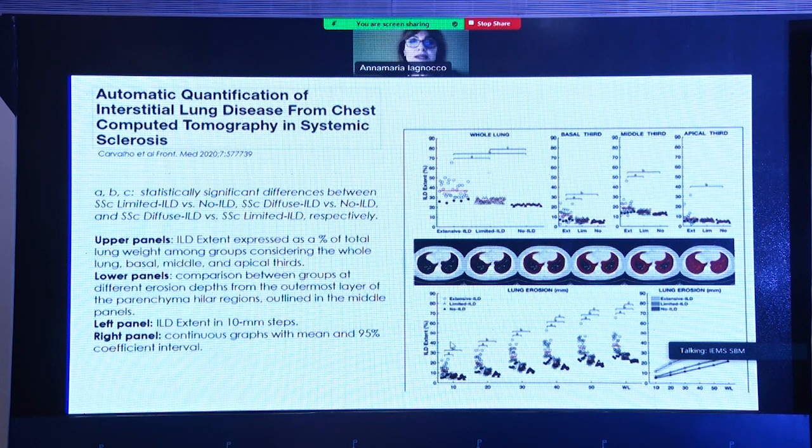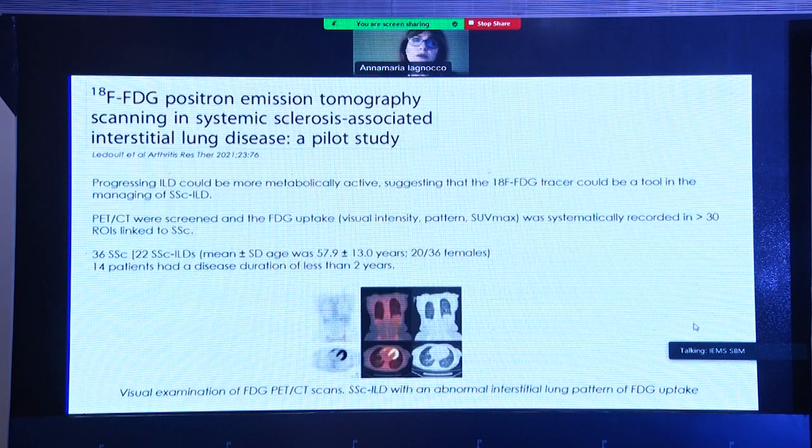And the analysis of the involvement at different erosion depths showed again that the extensive interstitial lung disease was clearly having abnormalities that were statistically significant compared to patients with limited interstitial lung disease or no interstitial lung disease, and the continuous graph on the right clearly showed the same abnormalities.